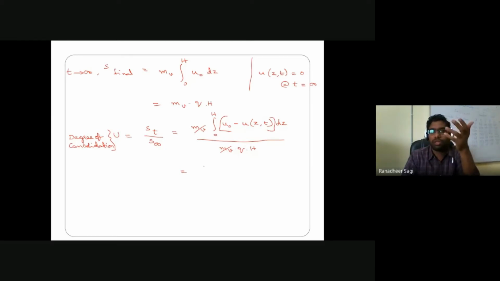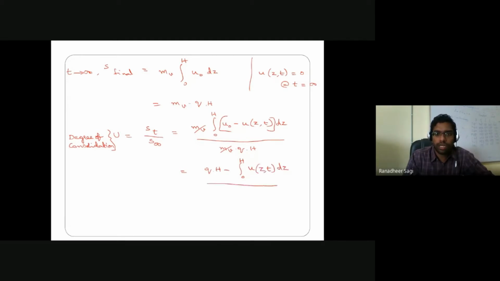The integral dz over the limit 0 to H comes out to be once again H, and U naught I can further write as Q. So QH minus the integral from 0 to H of U as a function of depth and time into dz, divided by Q into H. If I rewrite it, this is simply 1 minus, because QH by QH automatically gets cancelled, the integral from 0 to H of U of z comma t dz, divided by Q into H.